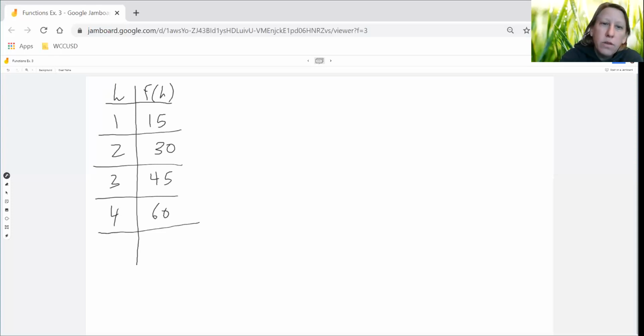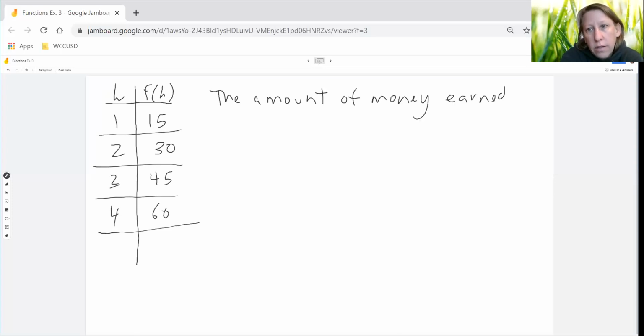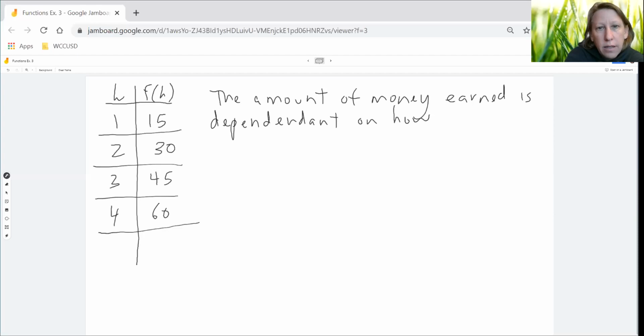So the amount of money earned is dependent on how many hours Tomiko works.